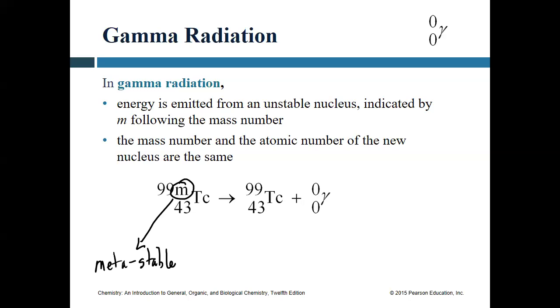It's there for long enough that we can monitor it and see it, but it very quickly decays. And when it decays, it just pushes out this pure energy, and we get left with the more stable form of technetium-99.